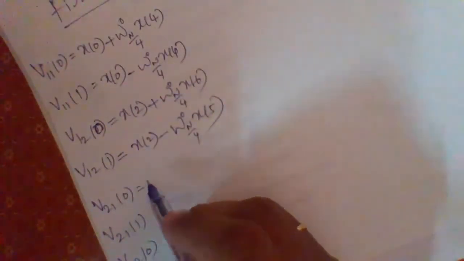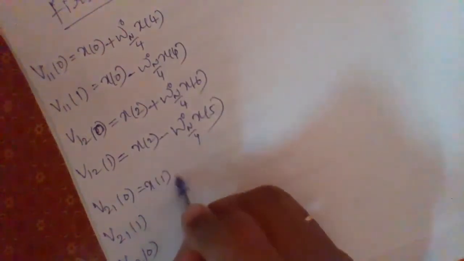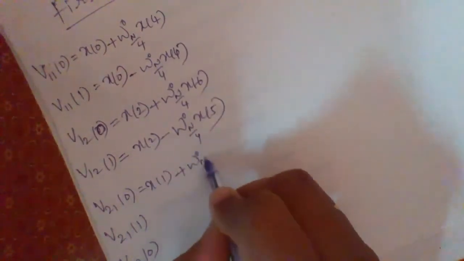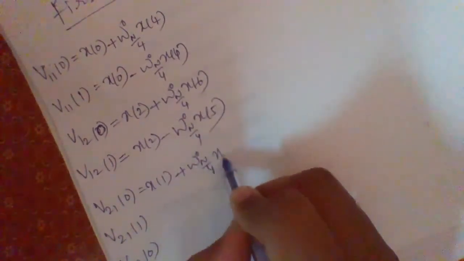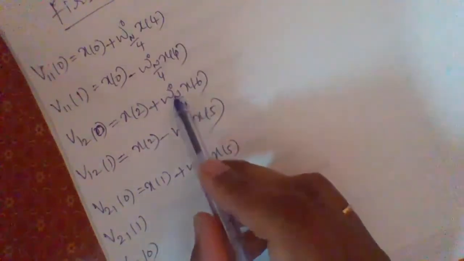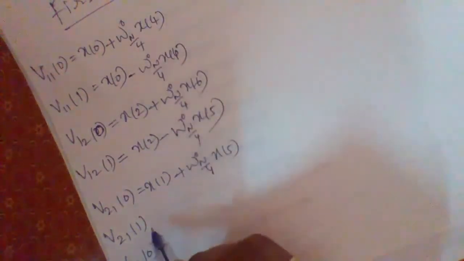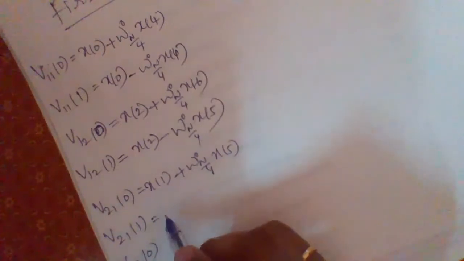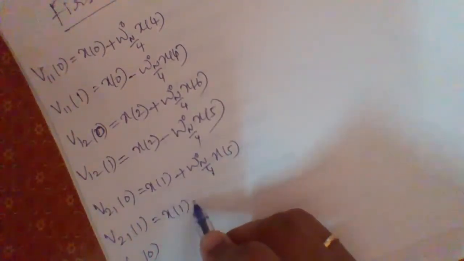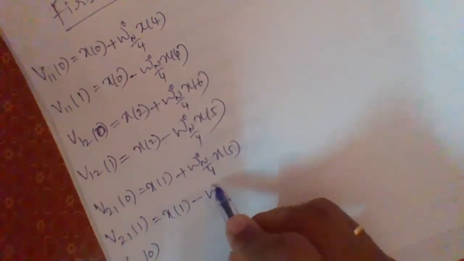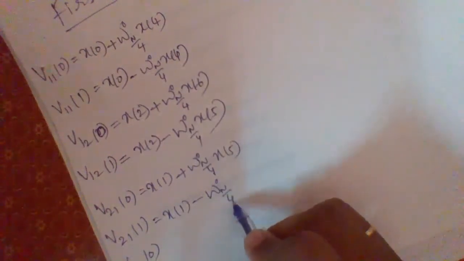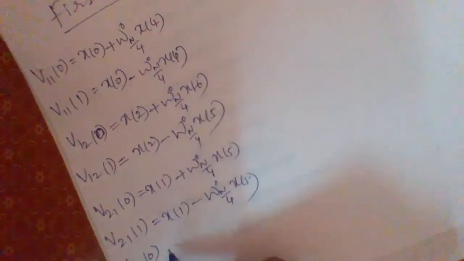and V22 of 1. Therefore, V21 of 0 will be simply x of 1 plus w raised to 0 n by 4 into x of 5. Of course, w raised to 0 n by 4, its value will be 1. And then V21 of 1 will be x of 1 minus w raised to 0 n by 4 into x of 5.